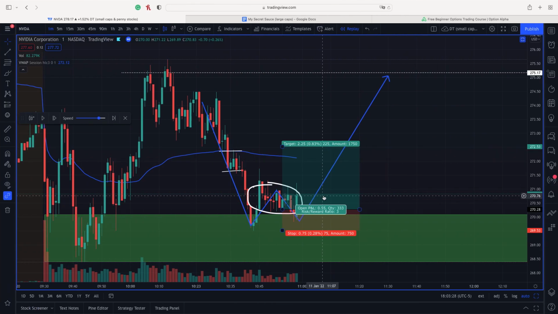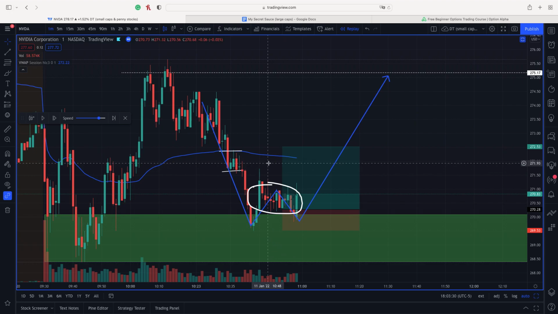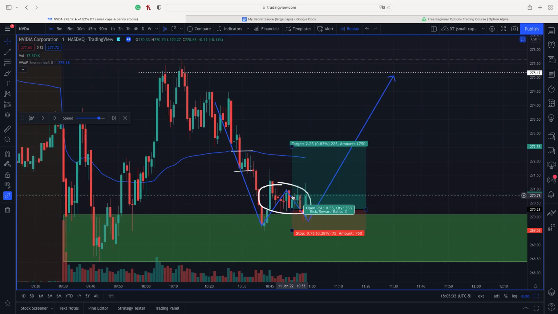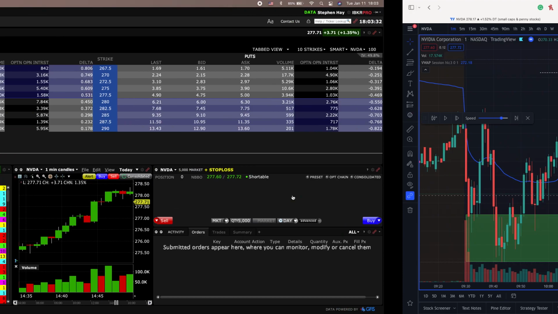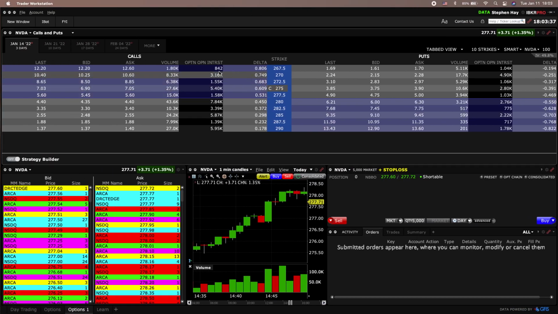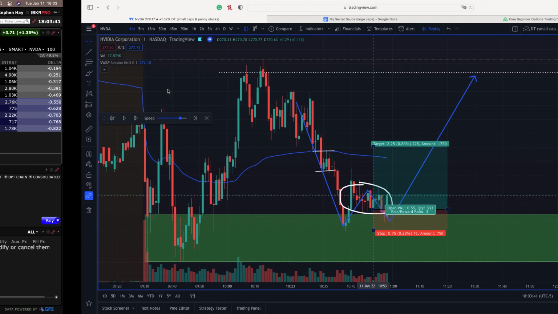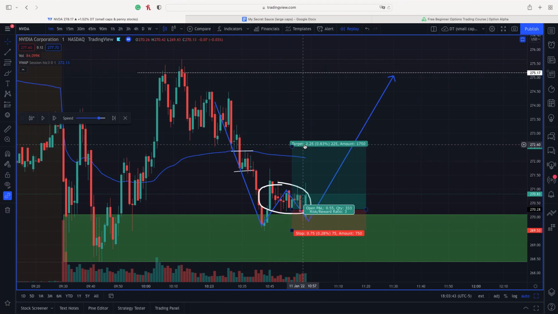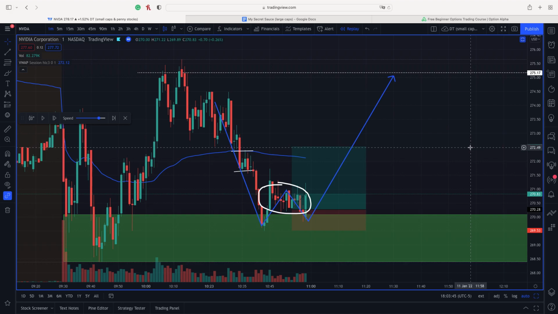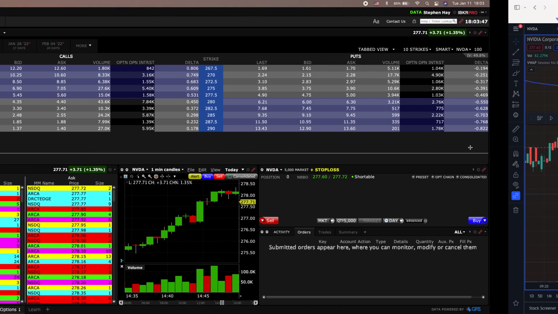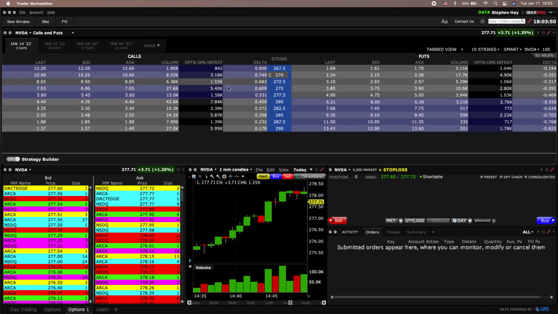So in this case, going back to this example, we're getting the stock at 270.78. I'm probably going to go a bit out the money, maybe around 275, even though our price target is 272. It's fine, we're still going to make money anyway.